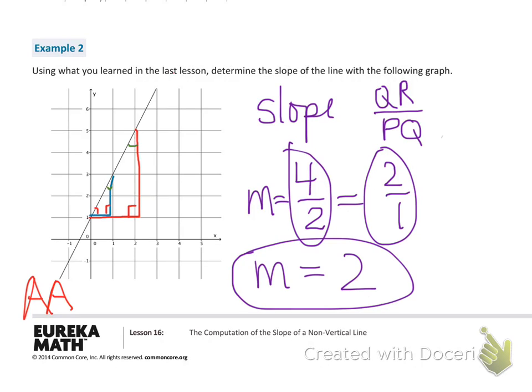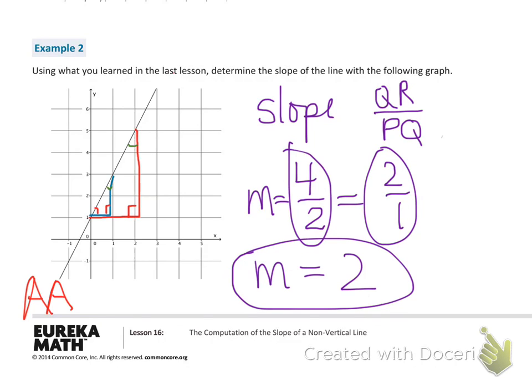It doesn't matter where they are. The horizontal distance does not have to be 1. So we can use any points on the line. Any 2 points, we could draw these similar triangles with the unit triangle. The ratios would always be the same, and we would get the same calculation for the slope.